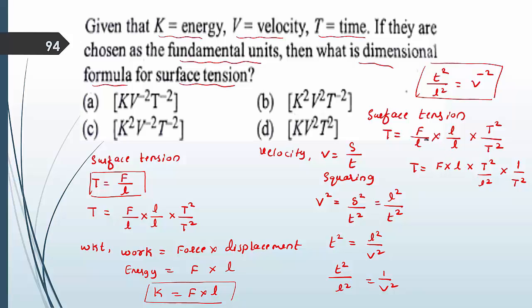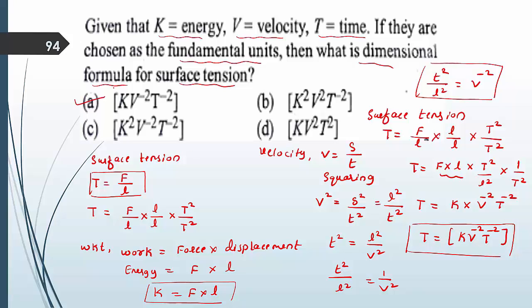F into L into T square divided by L into L will be L square, into remaining is 1 by T square. So now substitute the value. What is F into L? That is K. T square by L square is V raised to minus 2. 1 by T square, that is T raised to minus 2. So we will get surface tension T equal to K V raised to minus 2 T raised to minus 2. That means option A is the right answer.